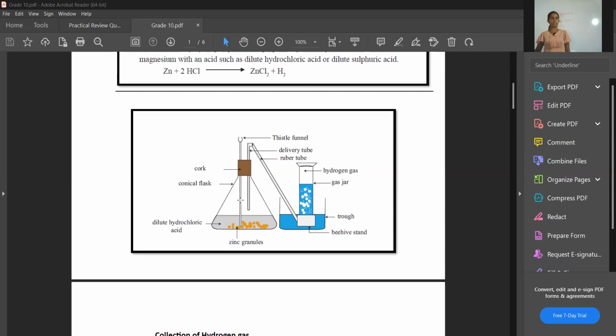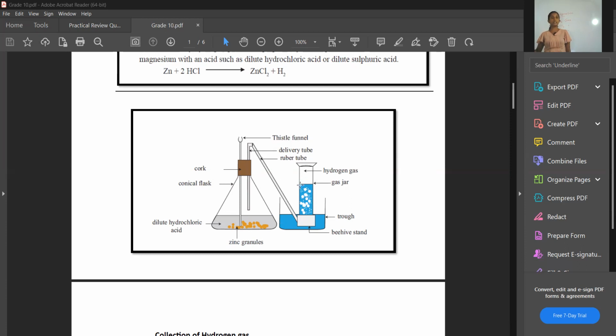In the conical flask we put some zinc granules, or small pieces of zinc, and using the thistle funnel, from here, we put the hydrochloric acid. Through the delivery tube, we collect the hydrogen gas here.